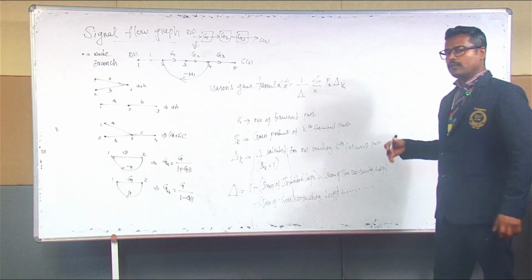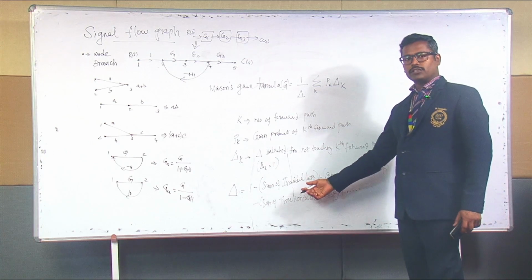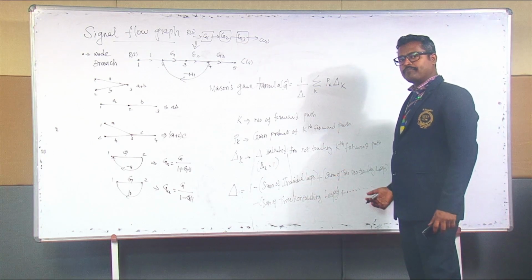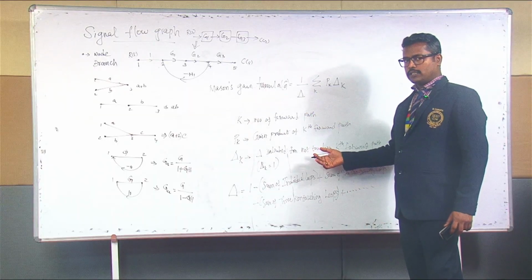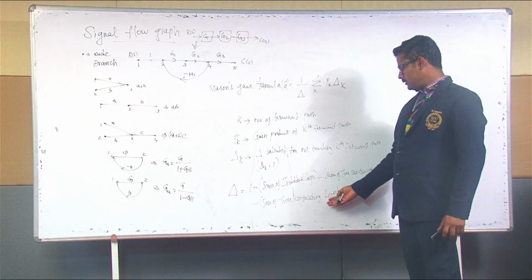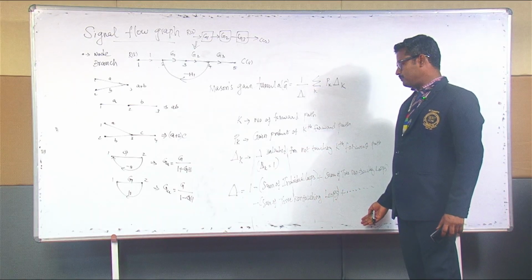It will go on with individual loops, two non-touching, three non-touching, four non-touching loops, and so on, whichever are present in the signal flow graph. If the complexity of the signal flow graph is higher, two, three and four non-touching loops can be present.